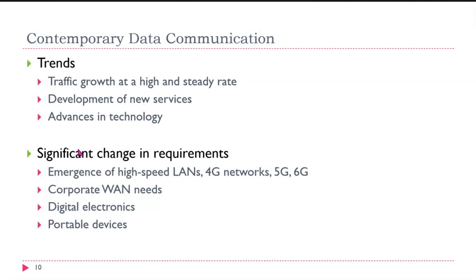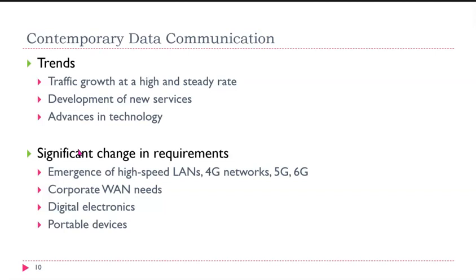Being telecommunication engineers, we have to keep up with the technology. At least we need to know the name of the technology. With the emergence of high-speed local area networks, 4G, 5G and 6G, there are many significant changes in requirements in terms of hardware, networking, or software. For example, the antennas involved for 4G and 5G networks are totally different.